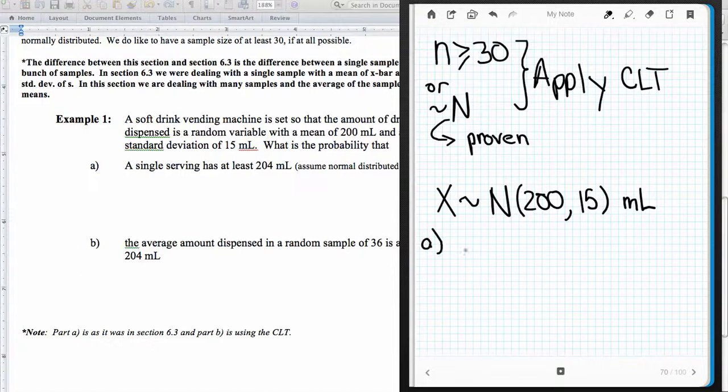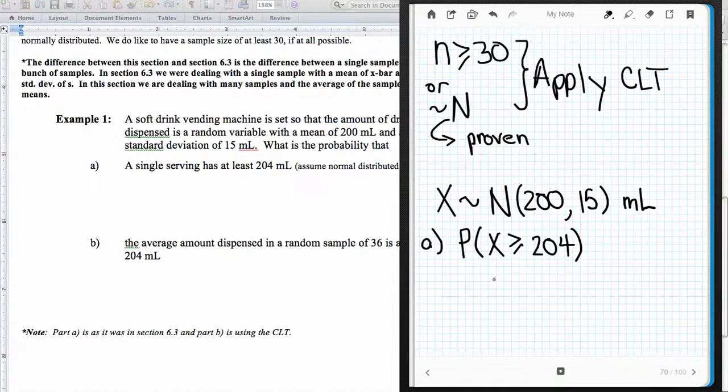Now question A says that I want to know the probability that this random variable is at least, so the smallest it is, right, greater than or equal to 204 milliliters. So that means I walk in as a single customer and I want to know what's the probability that I get 204 milliliters of soda. Well, every single one of us who walk in, the probability of getting 204 milliliters is over the mean, right?